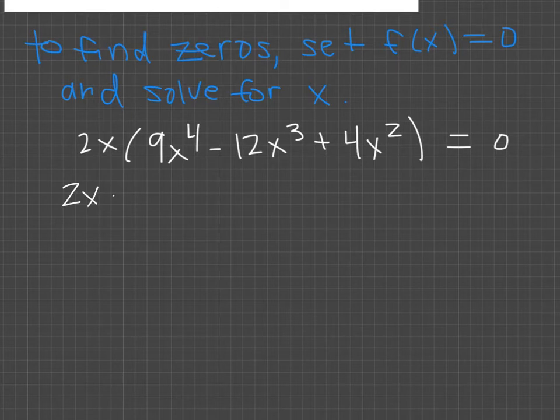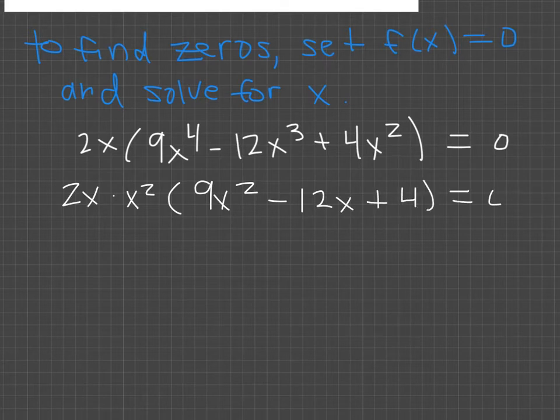So we can bring out an x squared, and then we'll be left with 9x squared minus 12x plus 4, and that's equal to 0. All right, so the 2x times x squared out in front, we can combine that and just write that as 2x cubed.